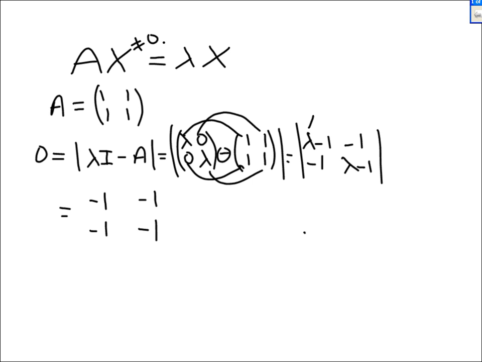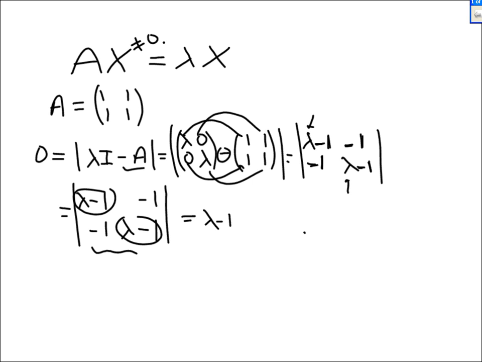If for a moment you ignore the lambdas, you have negative 1, negative 1, negative 1, negative 1, which is exactly negative A. Now put the lambdas on the diagonal. So this is what we get. And the determinant, like always, of a 2 by 2 is this product, lambda minus 1 squared minus the product of those two negative 1's, which is positive 1. And this is supposed to equal 0.